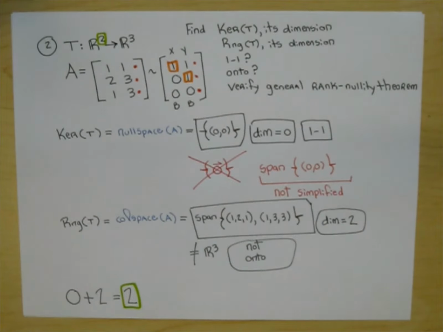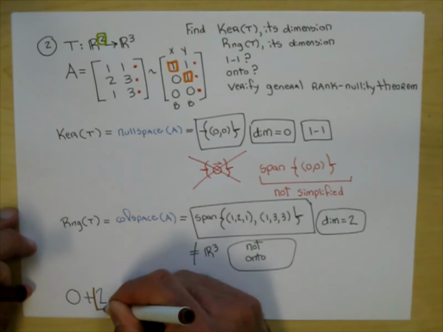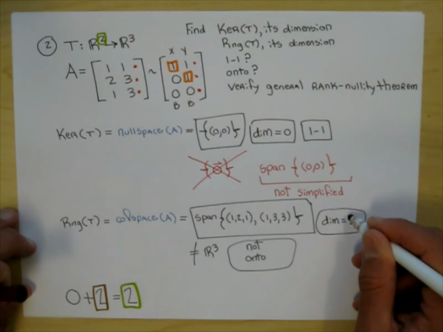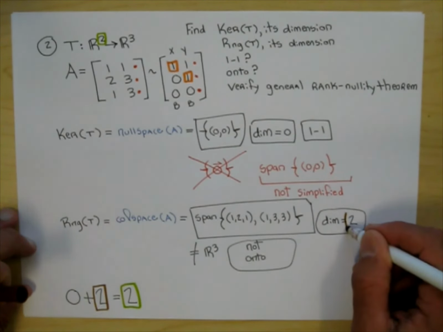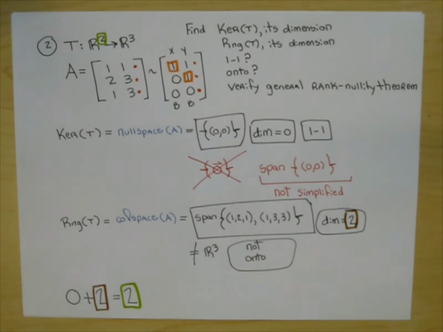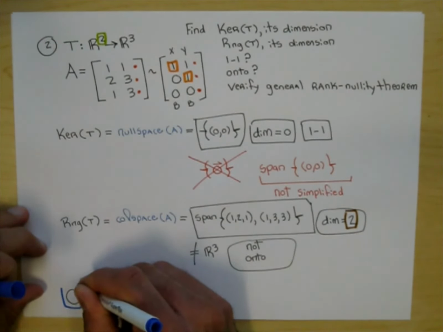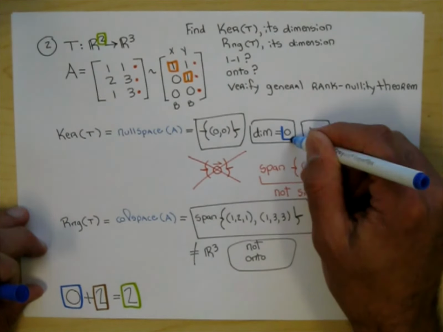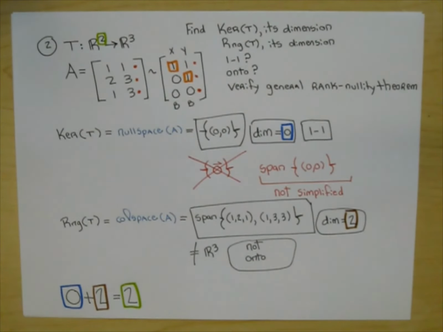My orange cap was off. This right here color codes with this one. And this one we'll make in blue. Is that one right there. Dimension of kernel plus dimension of range equals the dimension of the domain.